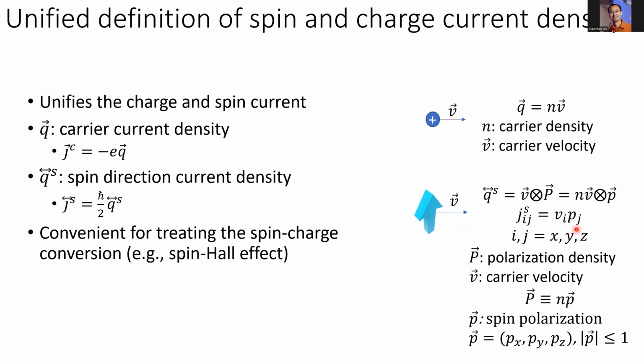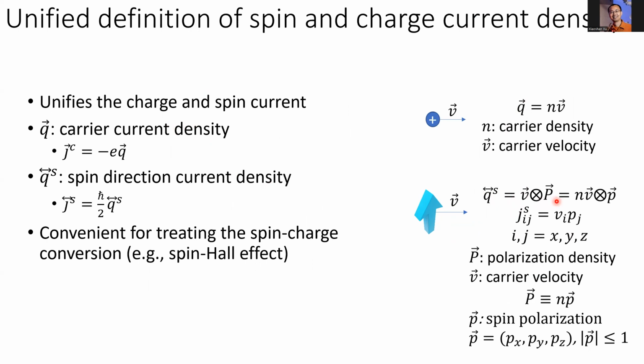So to make the theory easier to deal with, Diakonov introduced a unified definition of current. Essentially, we know charge current is the flow of charge, and spin current is the flow of spin angular momentum, but charge is carried by electrons, and angular momentum is also carried by electrons.